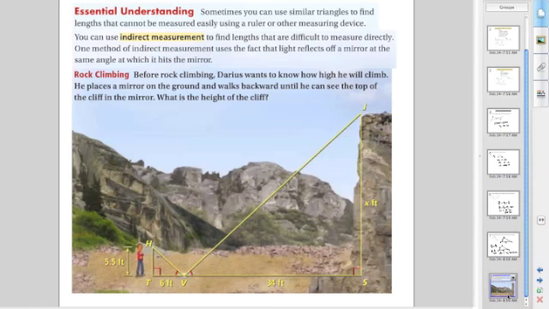One more problem. This is called indirect measurement. We can use indirect measurement to find heights or lengths.